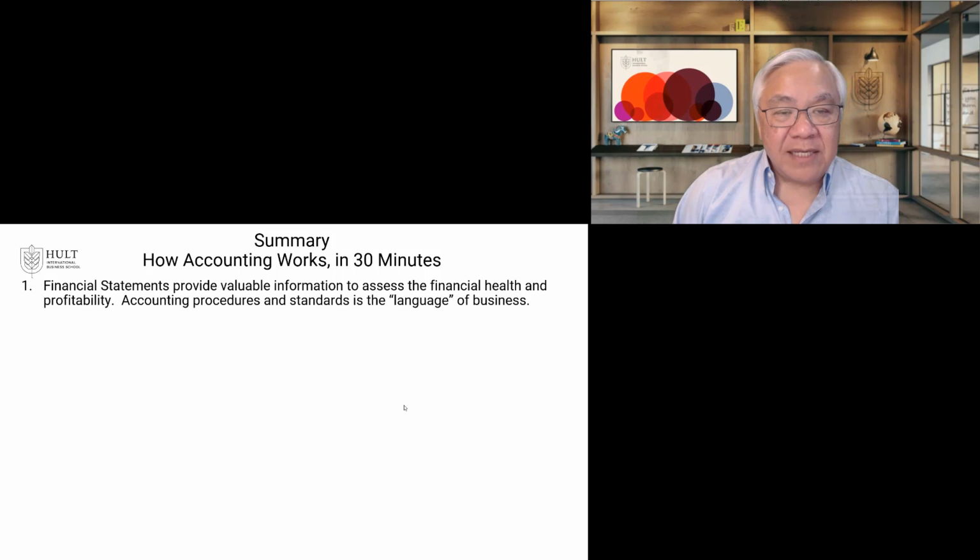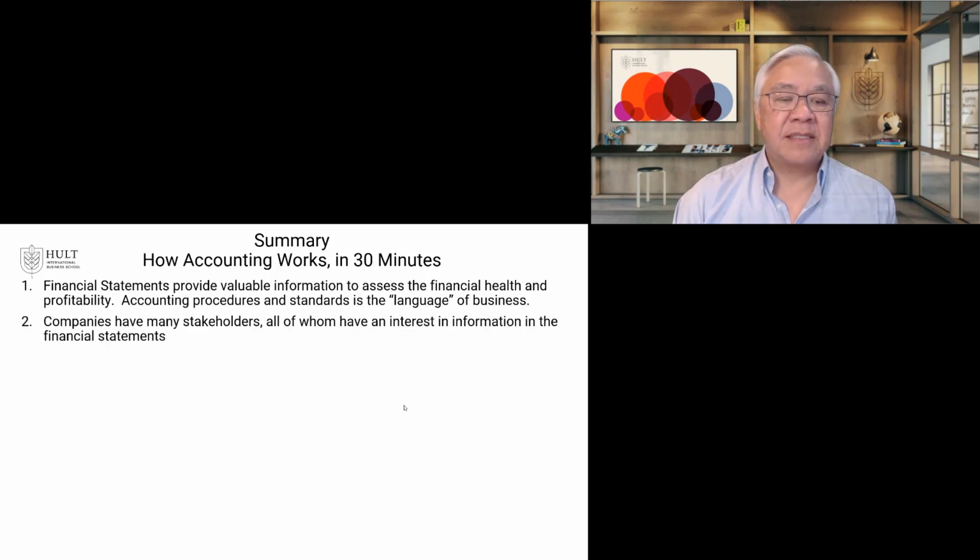So summarizing how accounting works in 30 minutes is that the financial statements provide valuable information about the financial health and profitability, and we have procedures and standards which become the language of business. So companies have a lot of stakeholders who have an interest in this information.